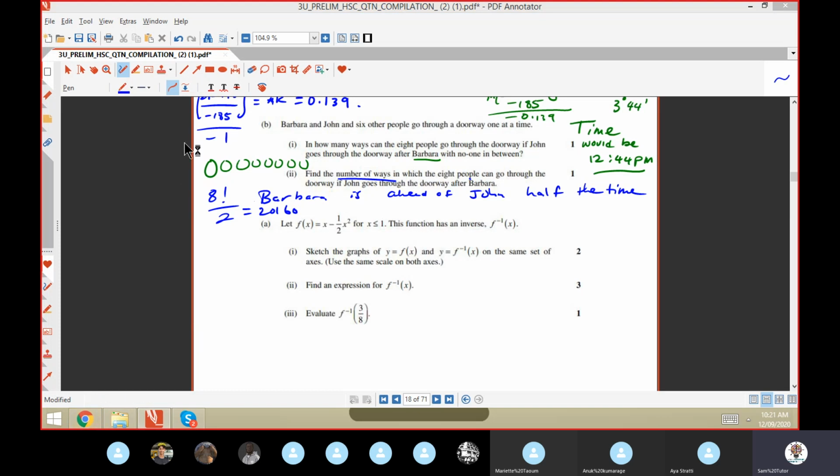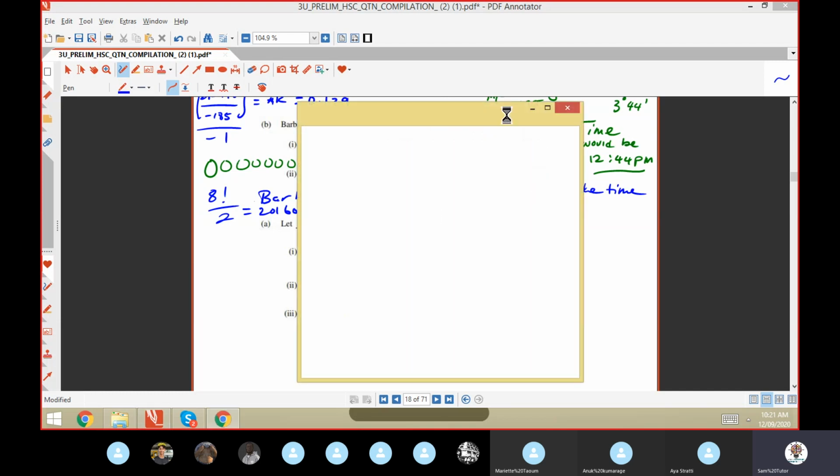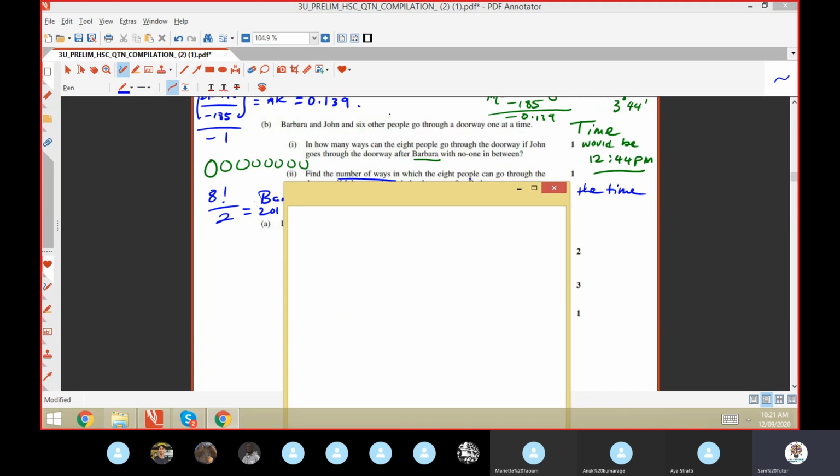Give me a second. Does anyone actually understand this concept of dividing by 2? Because Barbara is ahead of John half of the time, and the other half, obviously, John's ahead. That's just simple symmetry. There's 8 people. If there was 2 people, either John's going to be ahead, or Barbara's going to be ahead.